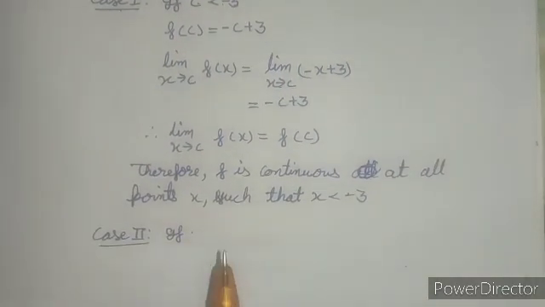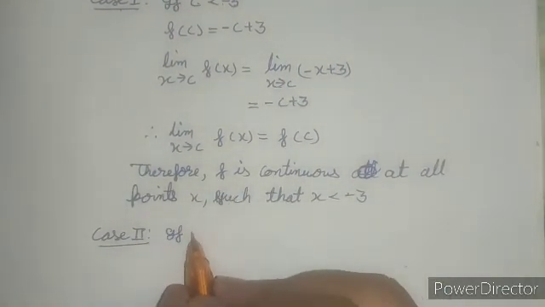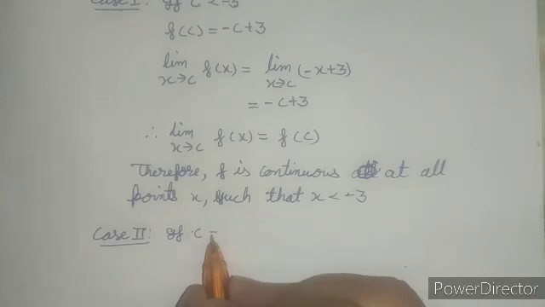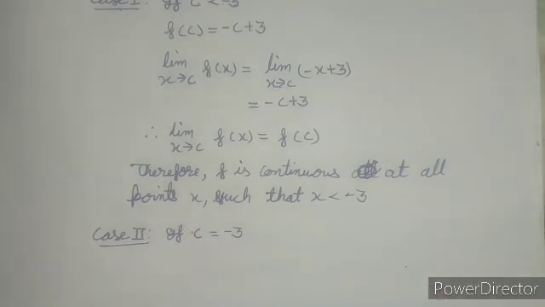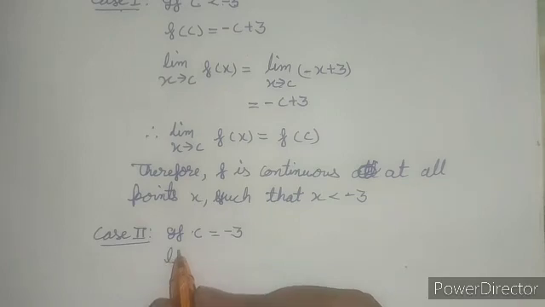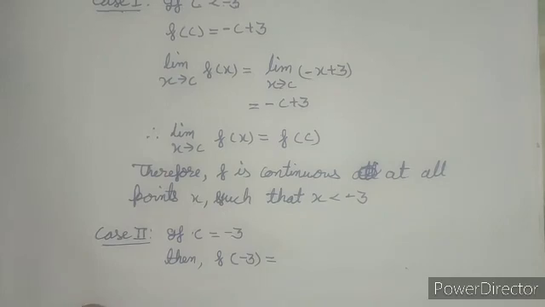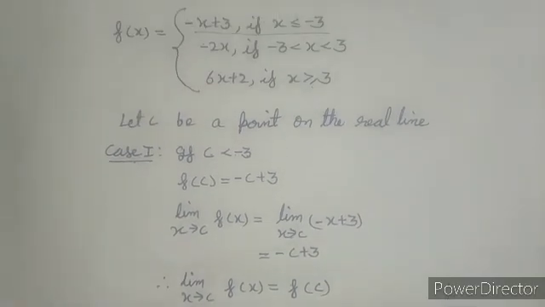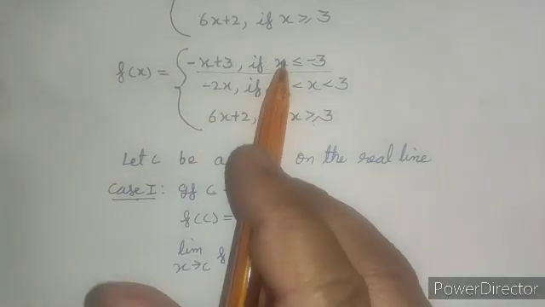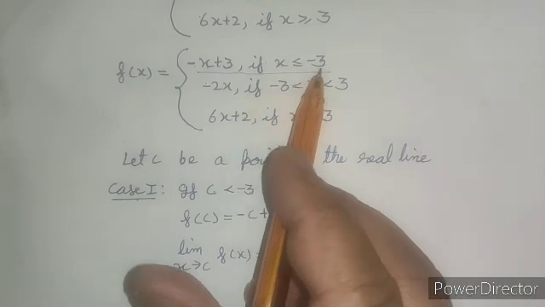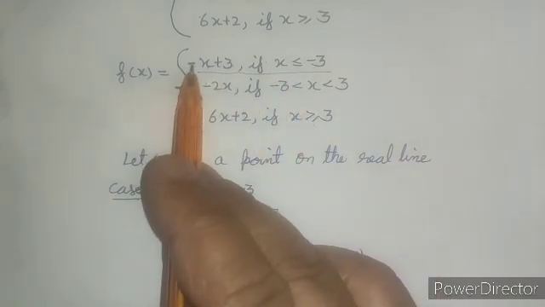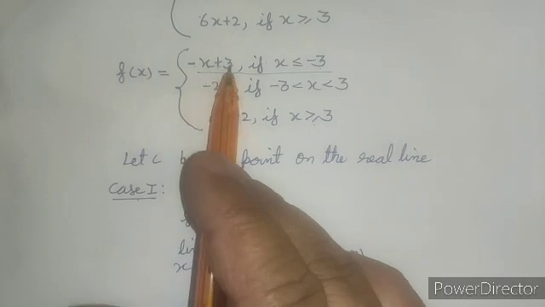So second case will be if c is equal to minus 3. Now the value of the function, that is f(c), will be equal to f(minus 3). As we see here that x is less than or equal to minus 3, the value of the function is minus x plus 3.